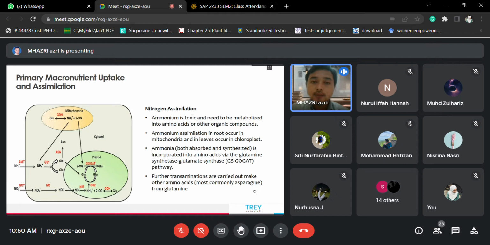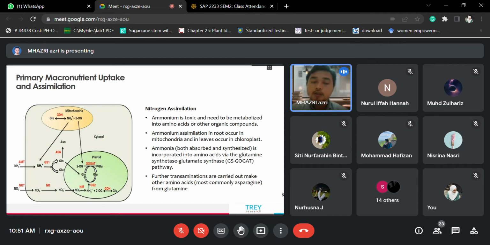Okay, and then when this nitrite reaches the upper part of the plant, in the leaf for example, it will then convert it into ammonium. Okay, it will not be converted into ammonium in plant roots because it is very toxic to the plant. So ammonium assimilation in root occurs in mitochondria, and in leaf it will occur in chloroplast.